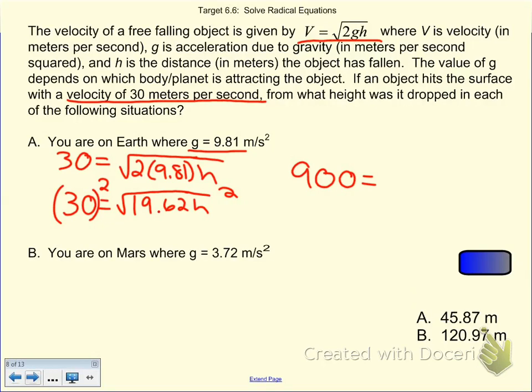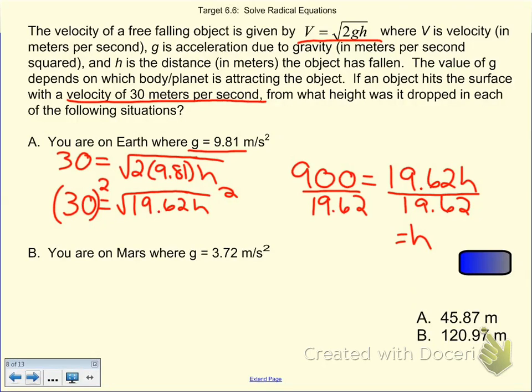On the right-hand side, we have 19.62h. We divide both sides by 19.62. And we get h equals 45.87. Make sure you label it meters. And that is your answer for how far it needs to be on Earth.